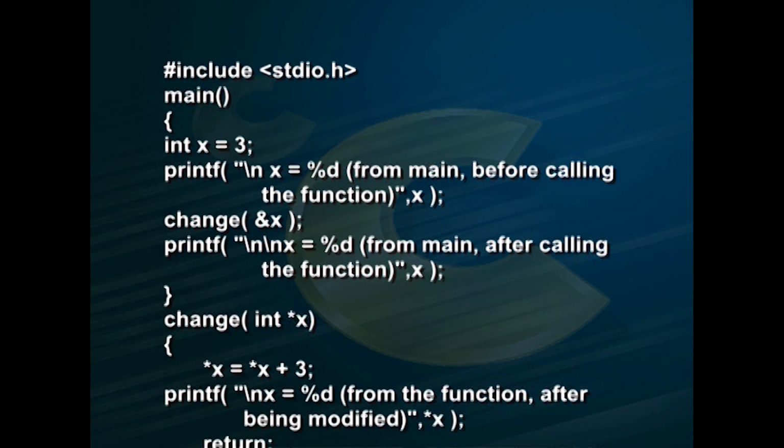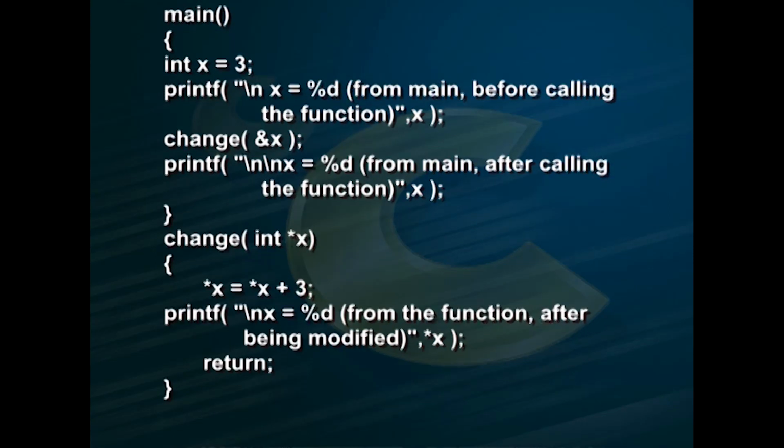Within the function change, we receive the address of x in *x, a pointer variable, then alter the value of x using the pointer, *x = *x + 3, and print x from the function after being modified, then return.